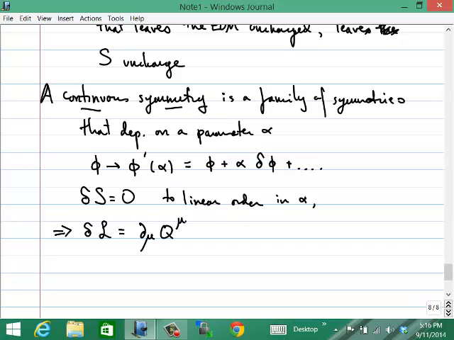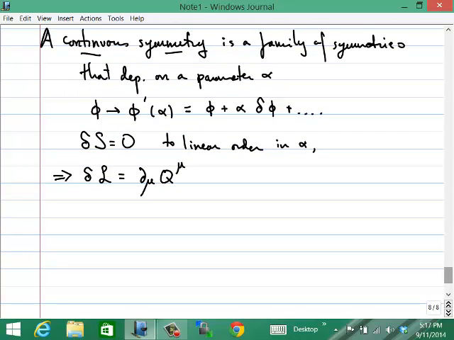So I'll call it d mu of q mu. So if delta L is d mu of q mu, then delta S is equal to 0. So by the definition of a symmetry, we know that to linear order in alpha, delta L is going to be some sort of total derivative.